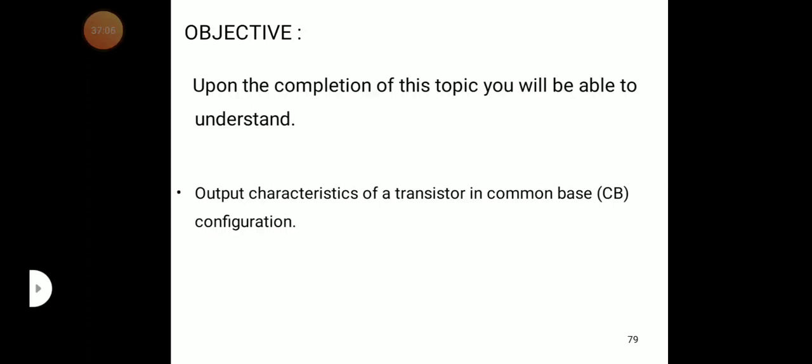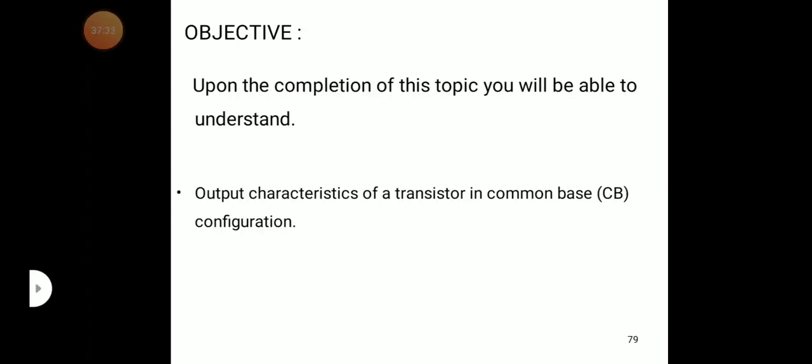Already the base is a very thin region, so if the depletion layer slowly enters the base region, it reduces the width between the collector and the emitter. So we can quickly get a larger amount of current. That's why it is called the early effect.